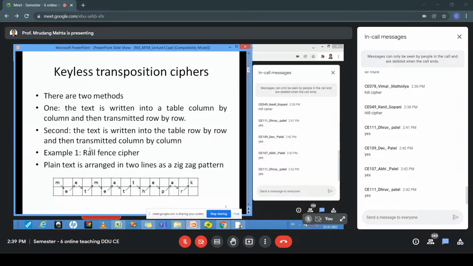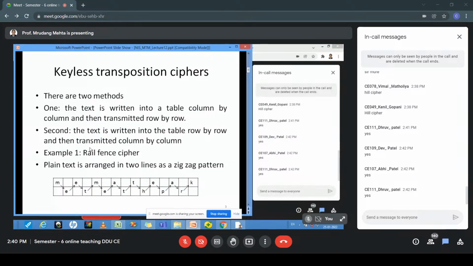So if you read, the plain text is "meet me at the park." The cipher text is, so first read the first line, and then read the second line.